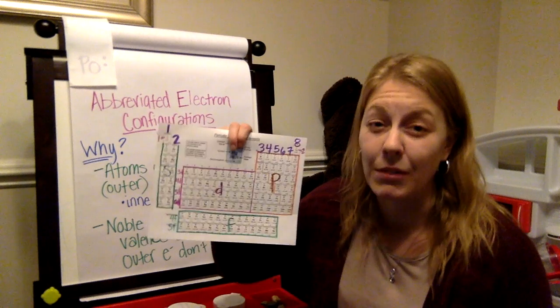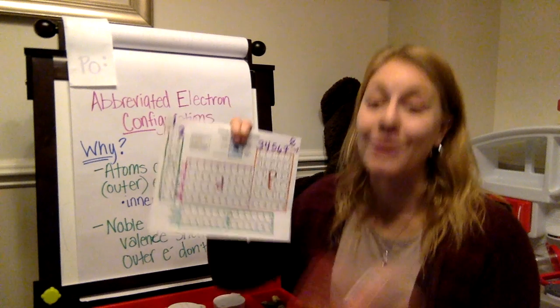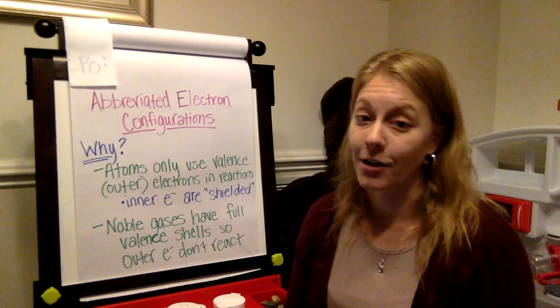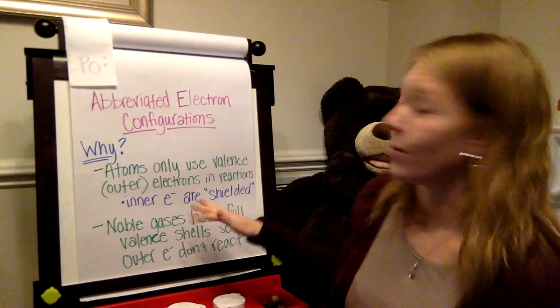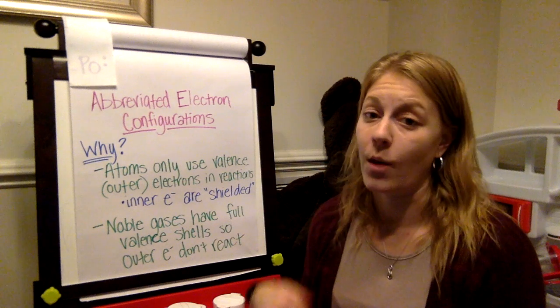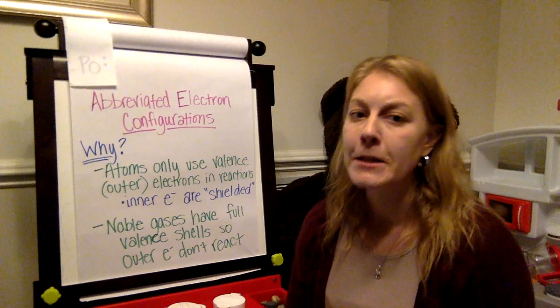Luckily, we have an abbreviated way of writing electron configurations. I'm going to walk you through how to do that. But first, I want to look at why we're able to write these abbreviated electron configurations.